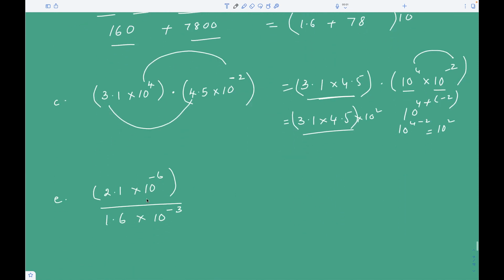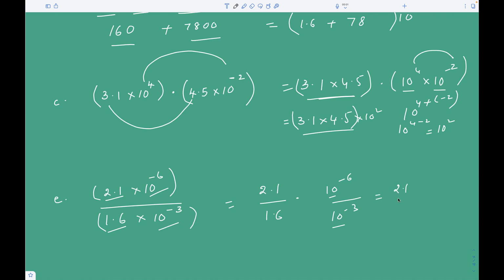Now what about division? Same, you have to divide this significand with this one and this exponent term with this one. This can be written as 2.1 over 1.6 times 10 to the power of minus 6 over 10 to the power of minus 3. And during division, if the bases are the same, you know you have to subtract the indices.